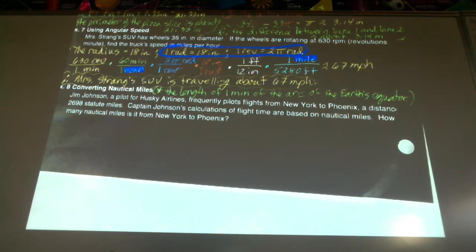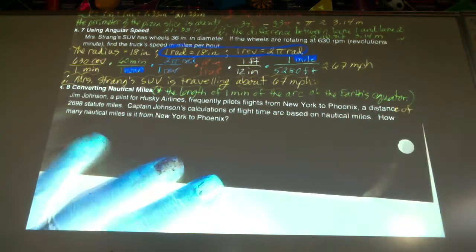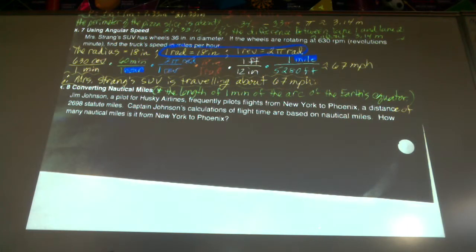So, step 1. Well, let's read the problem. Jim Johnson, a pilot for Husky Airlines, frequently pilots flights from New York to Phoenix, a distance of 2,698 statute miles. So you'll hear me call them stat miles. That's just your normal miles that you and I think of all the time. But when you're a sailor or a pilot, you consider them as being different, which they are.